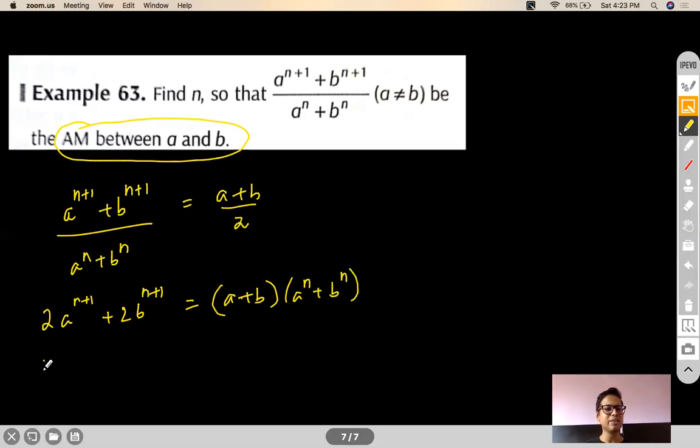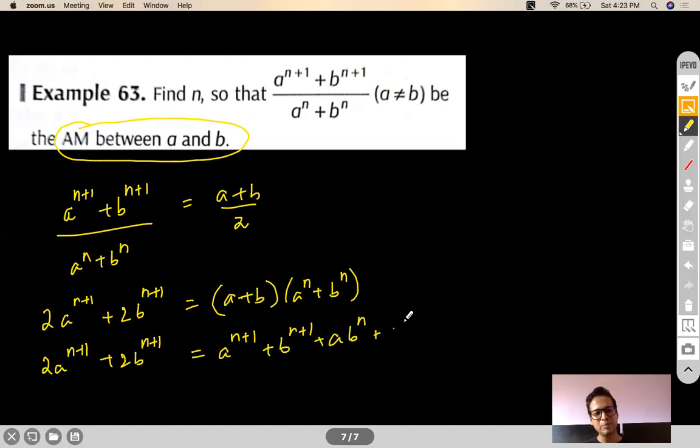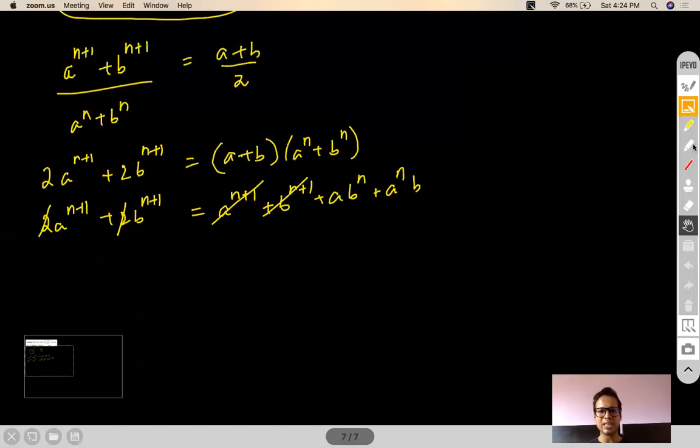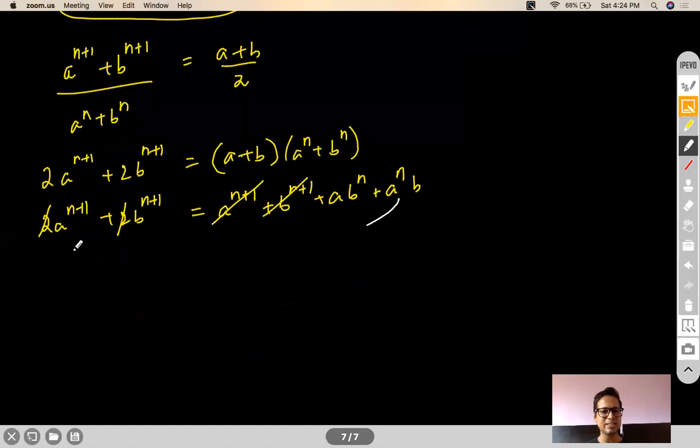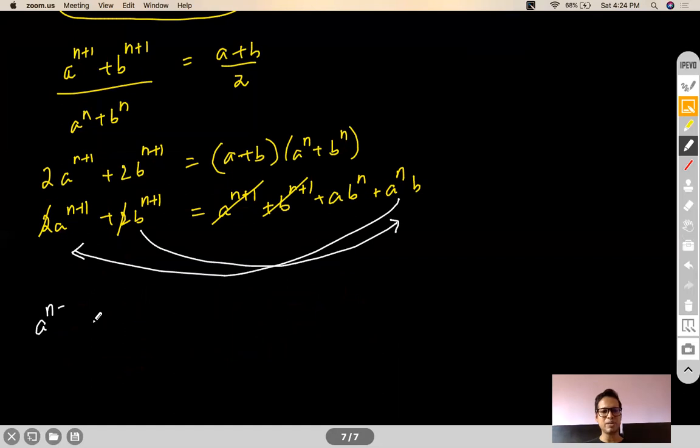If you open the right hand side, you'll end up getting a to the power n plus 1, b to the power n plus 1, a b to the power n, a to the power n b. So one of these will get cancelled off with this. I'll just scrap off the coefficients. Let us bring this term to the other side and this term to the other side. So a to the power n plus 1 minus a to the power n b is equal to a b to the power n minus b to the power n plus 1.